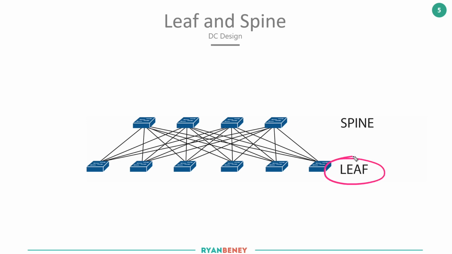The other thing that's worth knowing is the leafs themselves have multiple uplinks. Notice that every single leaf connects to every single spine. The reason for that is bandwidth. In our enterprise design, we normally only have 1 or 2 uplinks from the access.